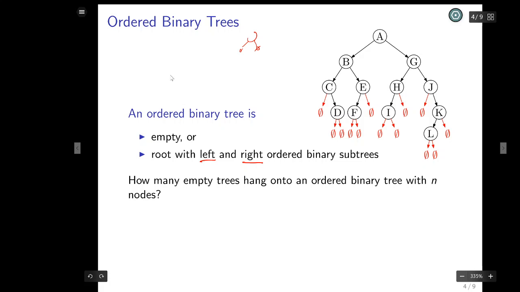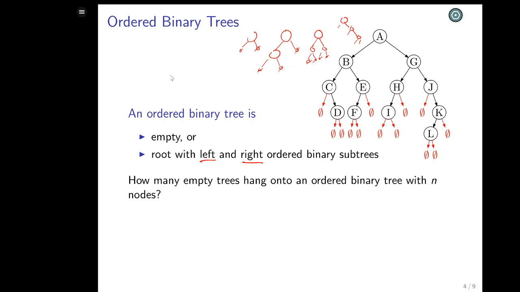For 1, there's 2. For 2, there's 3. For 3, there's 4.